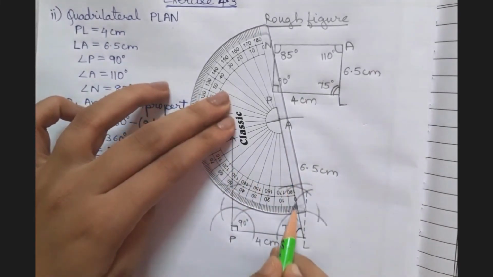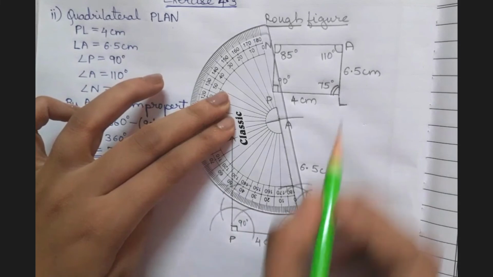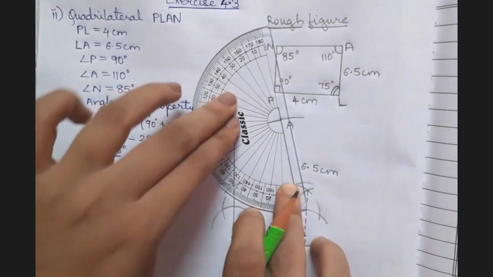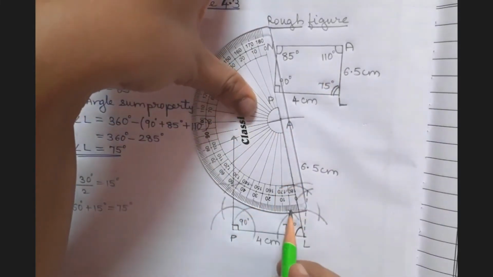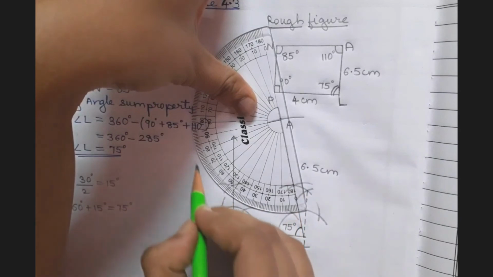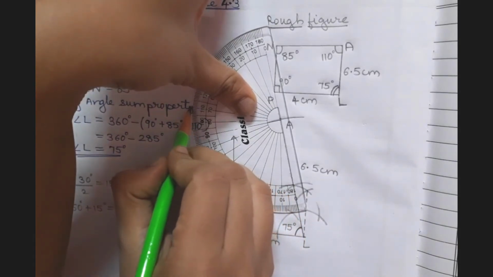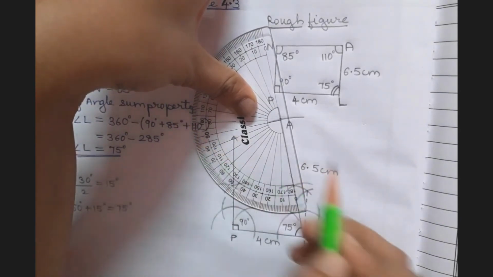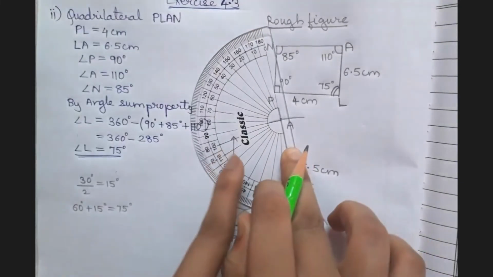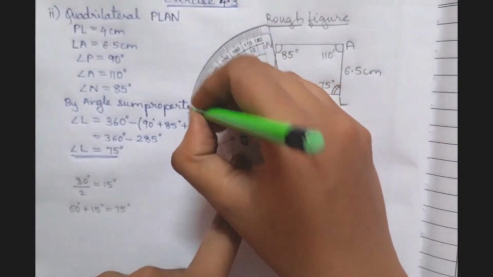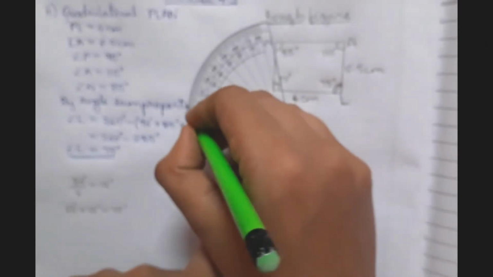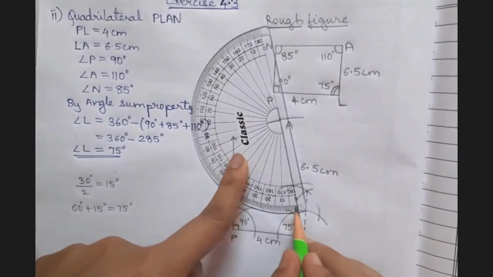Now start measuring. You can see the 0 here. We want the measurement 110 degrees. So 110 degree, starting from 0, it will be here. Okay, so 110 degree will be here. Mark 110 degree. This is your 0.